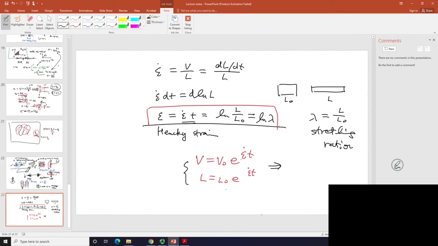Of course, this proves V over L is the same at the beginning. It's the same everywhere. So all this is discussed in the book, on pages 63 to 64. Any questions before?